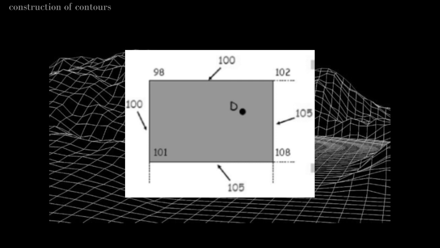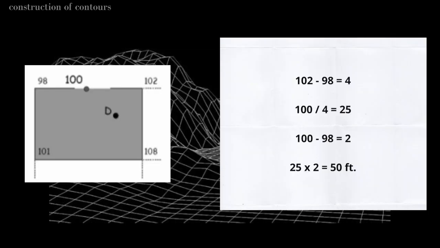So, let's solve for the upper edge of the grid cell. First thing we're going to do is find the height difference, which we get by subtracting 98 from 102, which gives 4. Then, given that the horizontal dimension of the grid cell is 100 feet, we divide 100 by our height difference, which gives us 25. Then we take our contour interval of 100 and subtract the lowest value of the line, which is 98, and we get 2.